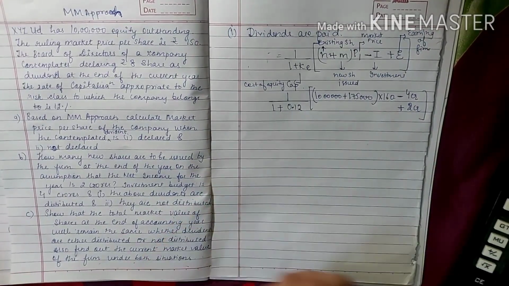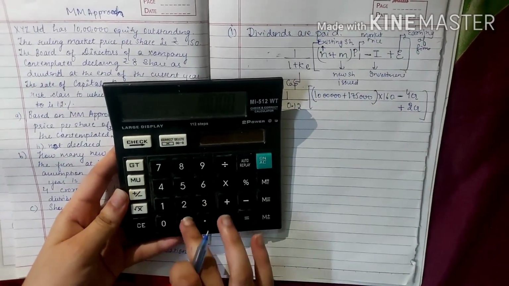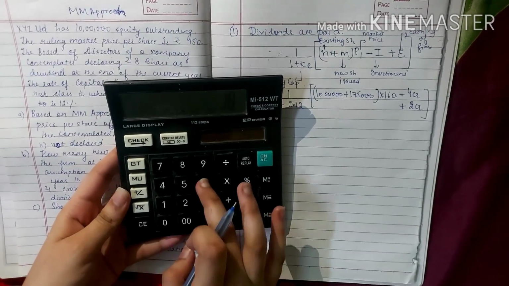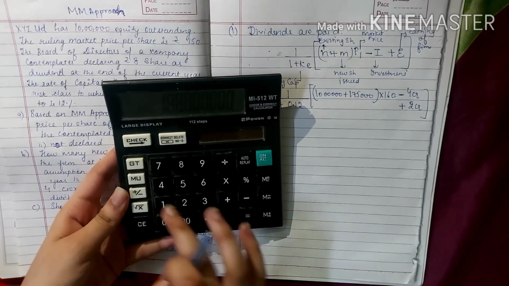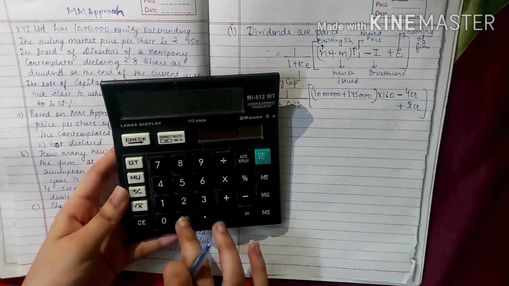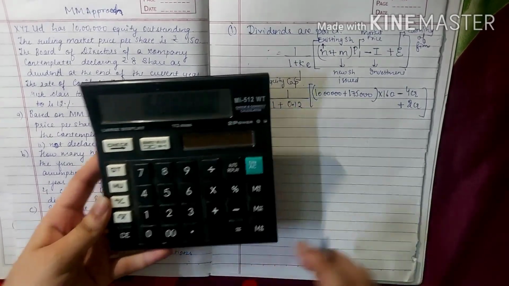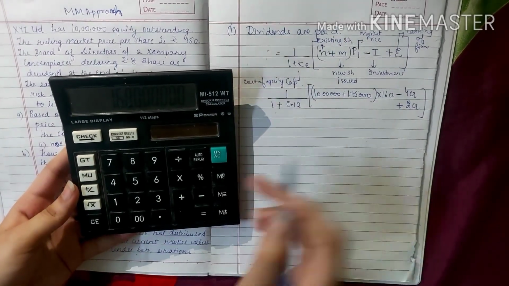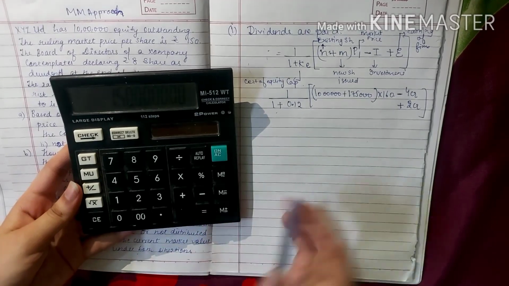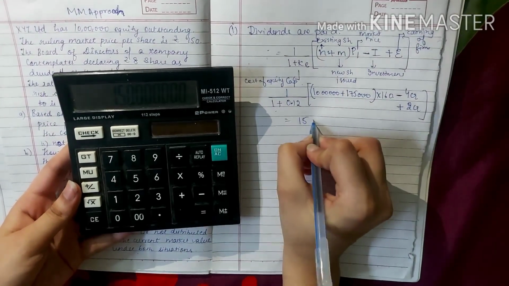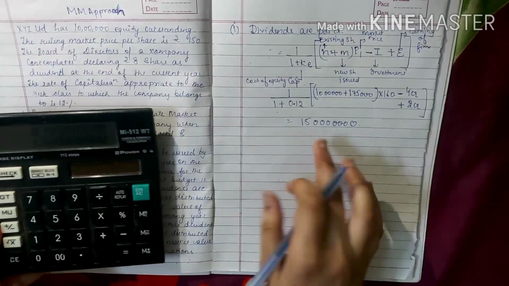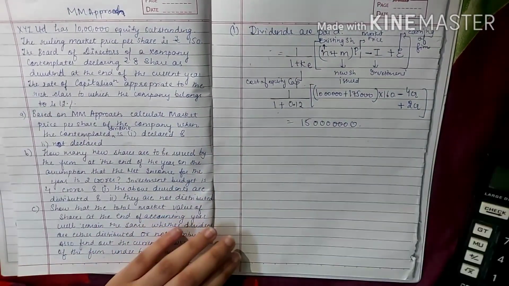Now solve it: 10 lakh plus 1,75,000 into 160 minus 4 crore plus 2 crore, divided by 1.12. It is 15 crore. So it is the value of the firm when dividends are paid.